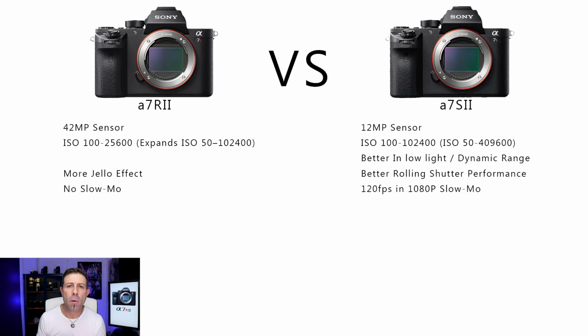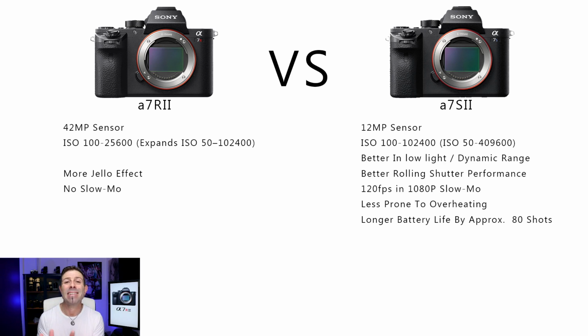Next, slow-mo. The S2 provided slow-mo, 120 frames per second at 1080p, whereas the R2 did not. The R2 was more prone to overheating in comparison to the S2. Maybe it's the sensor size or could be just a different sensor. Next, battery life. The S2 extended the battery life by about 80 shots.